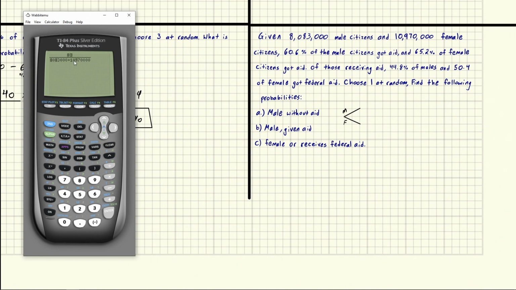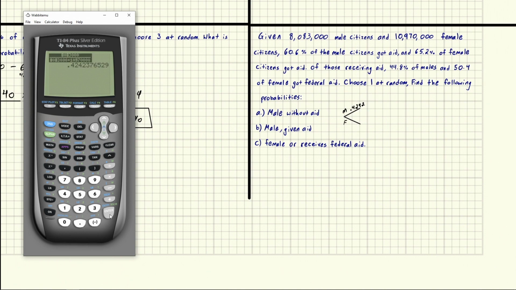This is everyone all together, all the males and all the females added up. And then we're going to divide by the males, 8,083,000. Perfect. So this is going to be the chance that they're male. And we find that this is 0.4242-ish.